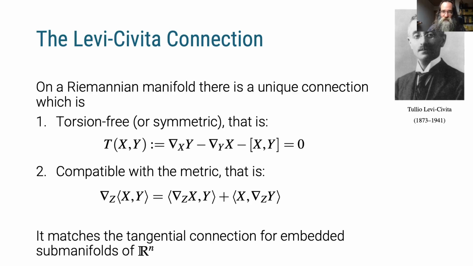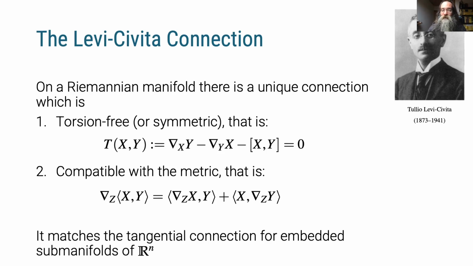This connection is called the Levi-Civita connection, after the Italian mathematician Tullio Levi-Civita. To repeat, it is the unique connection on a Riemannian manifold which is torsion-free. This is also sometimes called symmetric, which means that the torsion is 0. The second property is that it is compatible with the metric, that it essentially obeys the product rule.